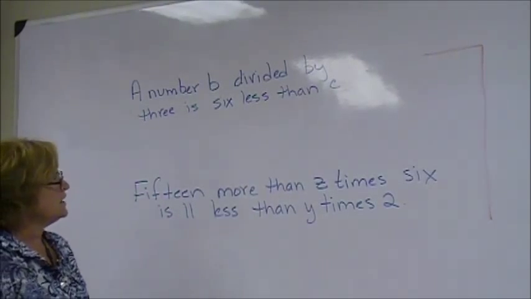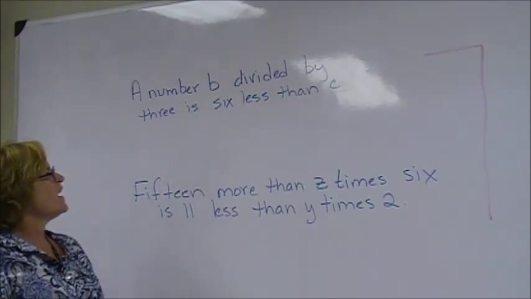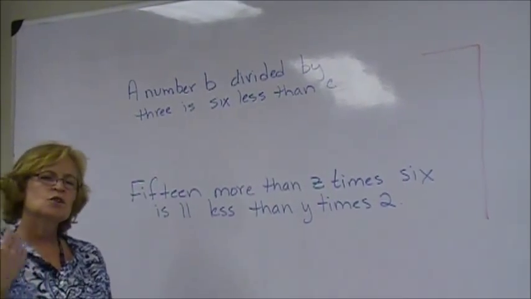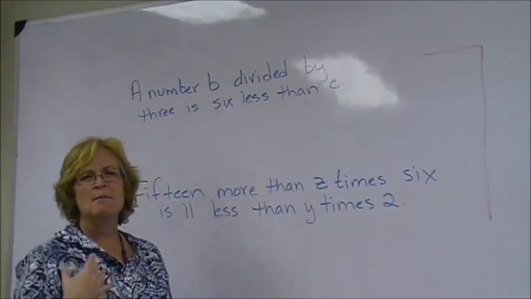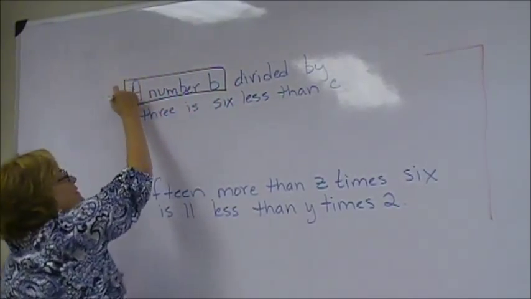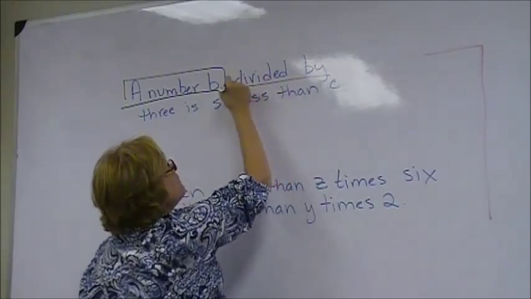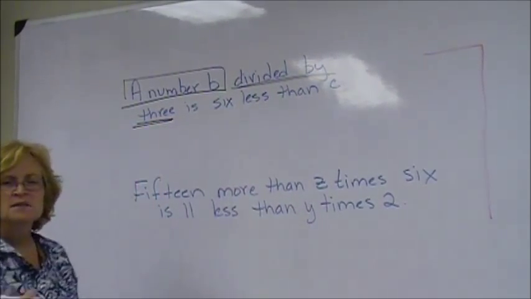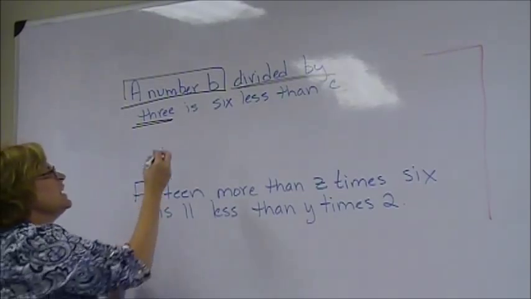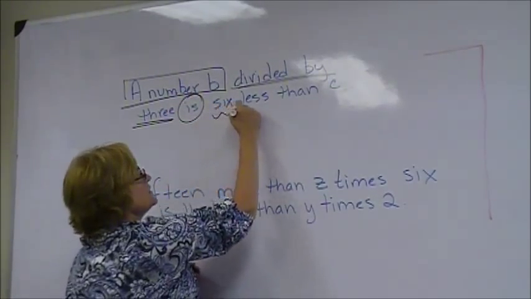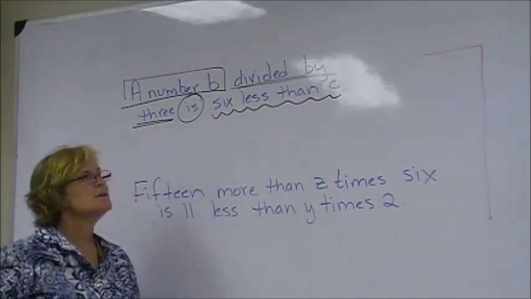Example 1 says a number b divided by 3 is less than 6. So you'll notice that I paused every time I was reading because you have a number b divided by, and it's divided by what? Divided by 3 is, and then we have 6 less than c.